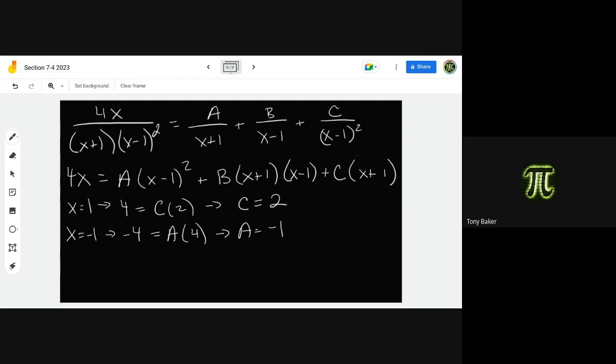I don't have any other numbers I can set x equal to that are going to get rid of something. So let's use 0. Just pick a number. We already have A and C, so if I have an A or C left over, I can just plug in what A and C are to find the B. So this side's 0, and that means I have A times 1 plus B times -1 plus C times 1.